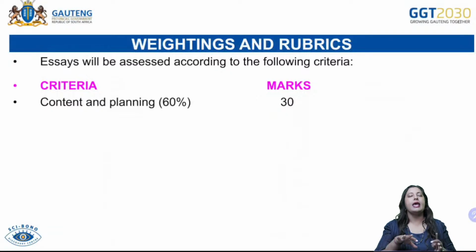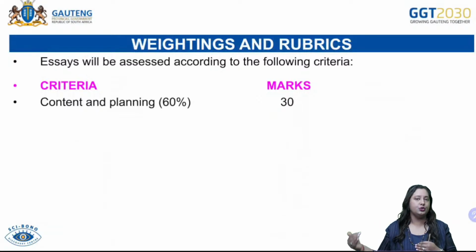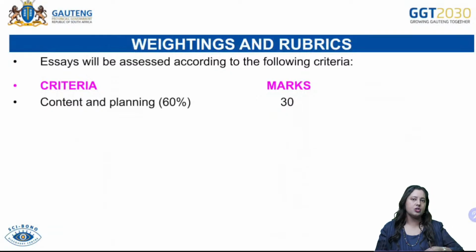And more importantly, have you gone through a process of planning to ensure that when you read through what sentences you have used or what ideas you have used in the essay, that they make sense and they actually are saying what you want to say? All right, so that whole planning and content is very important for the essay, and that is allocated 30 marks, which is then broken down to 60% out of the 100% for the essay.